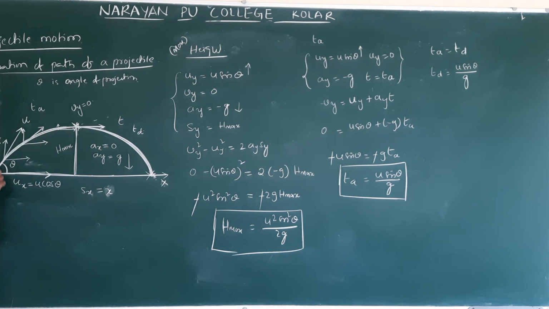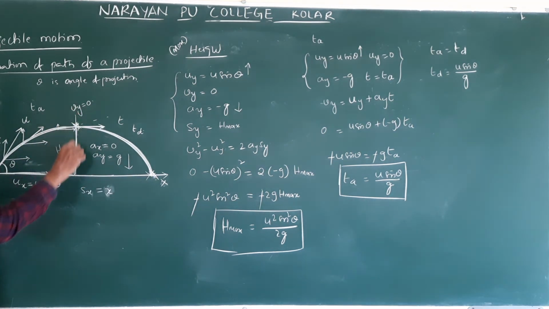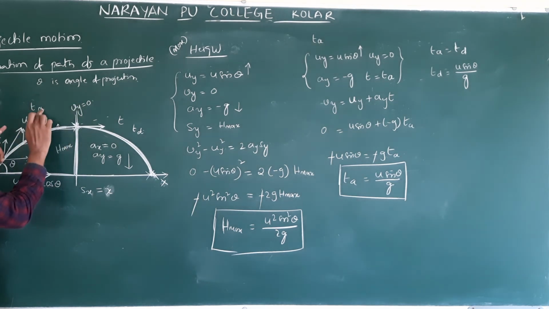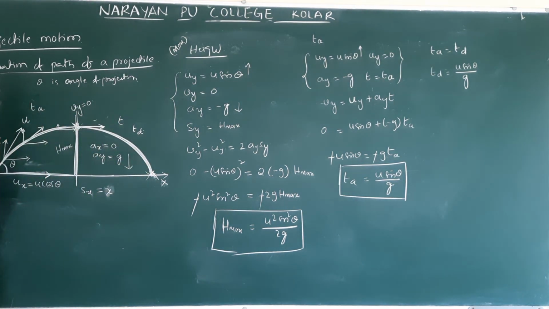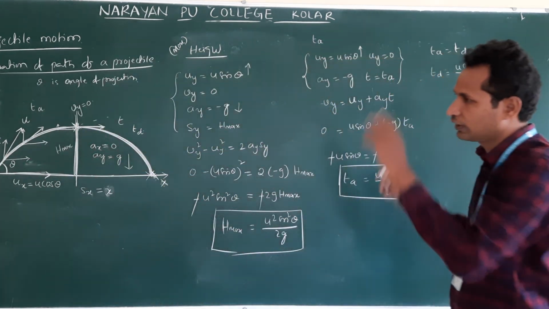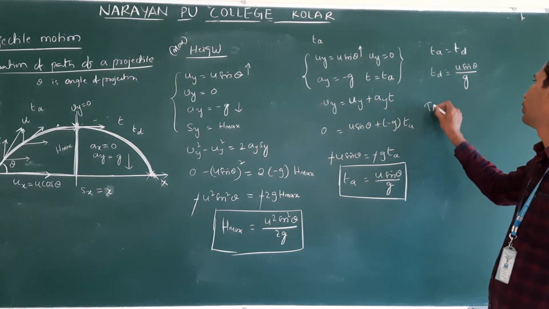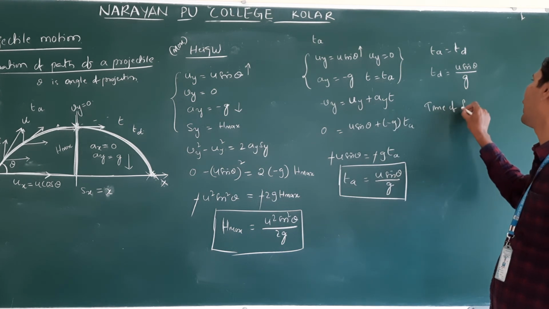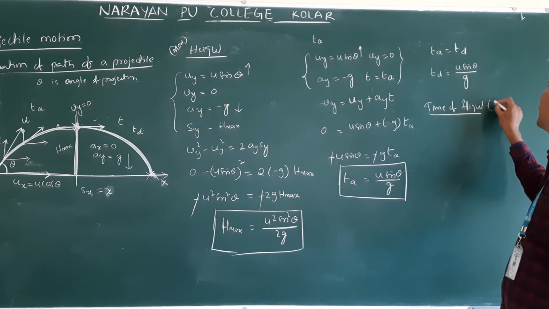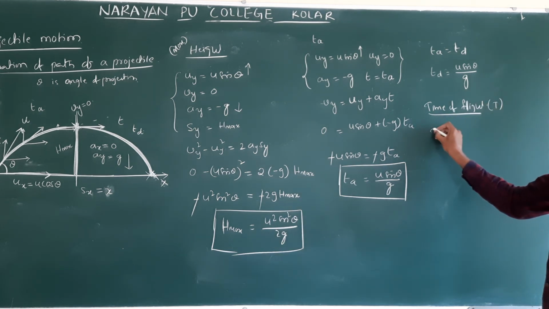Total time from here to here. This we split into two times. One is to reach the maximum height, time of ascent, and to reach the ground, time of descent. If you add the total time, that we call the time of flight. This we denote with capital T. How do we write capital T?